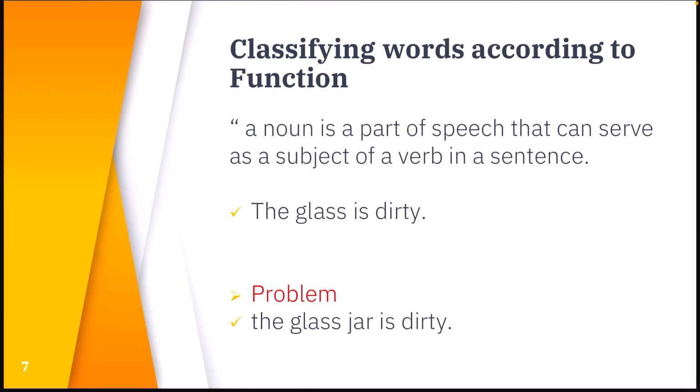How can we classify parts of speech? Well, it would be better to classify words by a cluster of criteria. To clarify, we can classify words according to meaning, their form and position, and also according to their grammatical function.